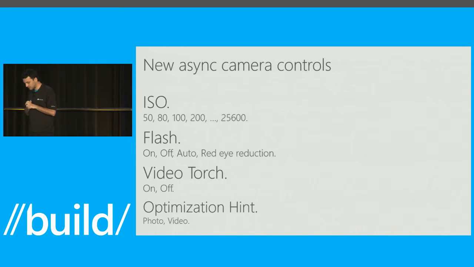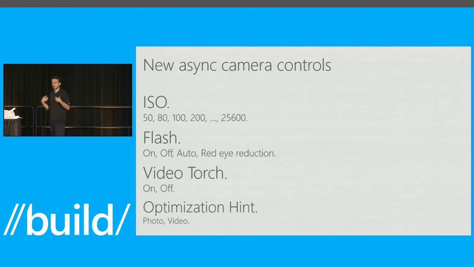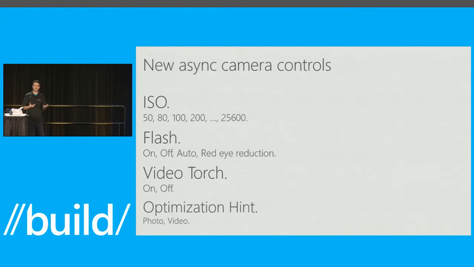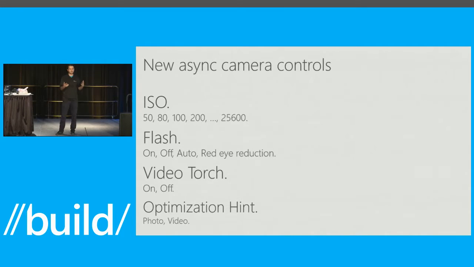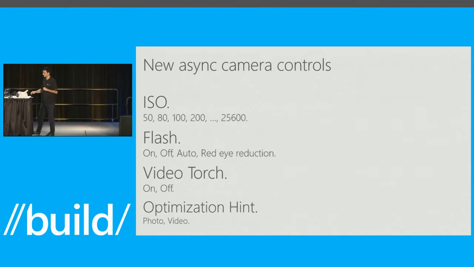But what our friends in the hardware business are saying is that by specifying, if it is possible for your scenario, a choice over one or the other, they can fine-tune the sensor and the camera to take better pictures or better video, whichever you provide. This does not mean that just because you specified this, you're not going to be able to do the other. But it allows you to concentrate on the scenario that you really care about. If 80% of the scenarios that you're enabling with your application is taking pictures, specify the hint so that you can get even better pictures.